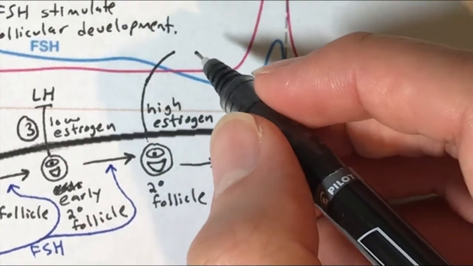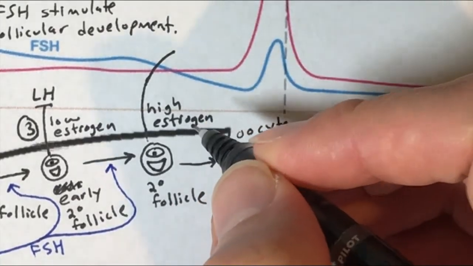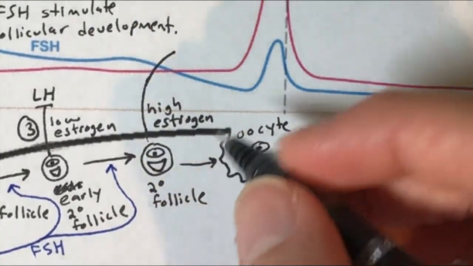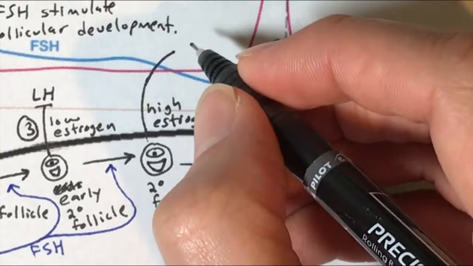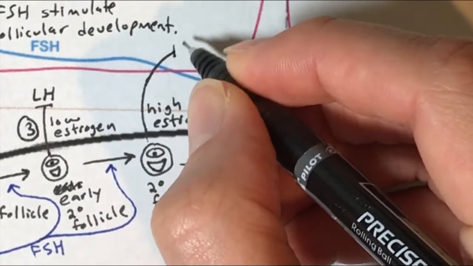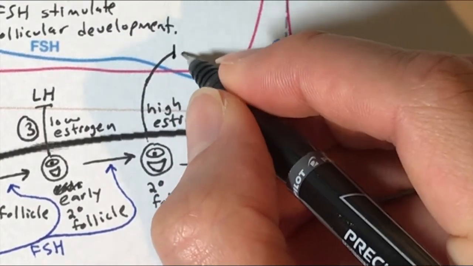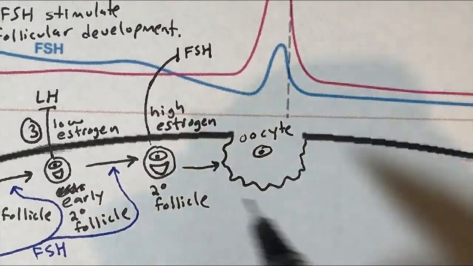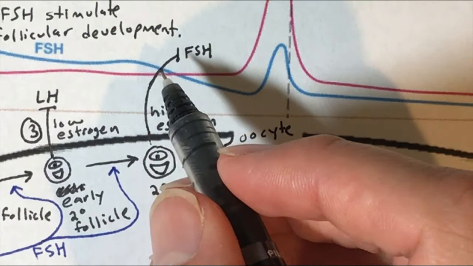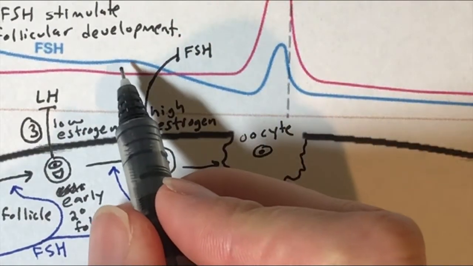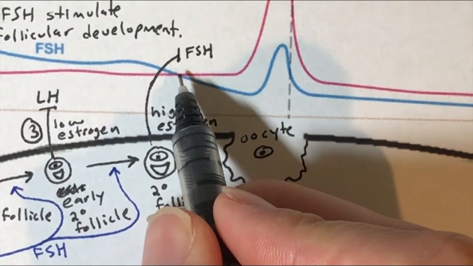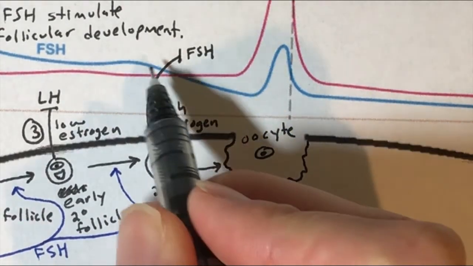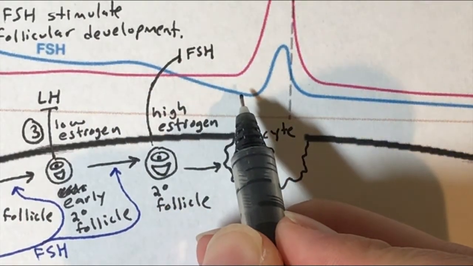All right, so that high estrogen, one of the things it does is it blocks or inhibits FSH. The secondary follicle, because it's blocking FSH, you can see this slow decrease happening on the graph.